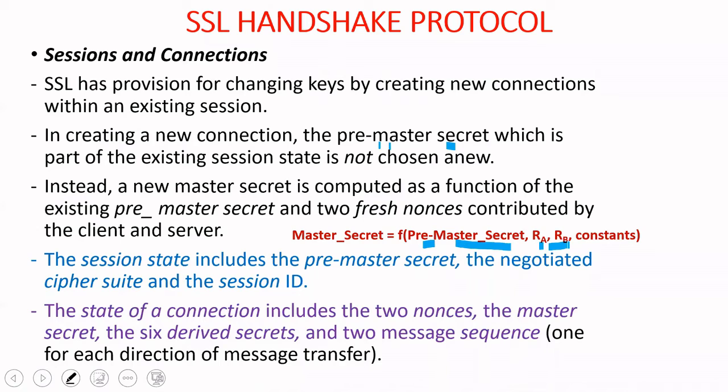The session ID remains the same, the pre-master secret remains the same. Only these nonces RA, RB will be changed. Since RA and RB are changed, the master secret will be changed, and since the master secret is changed, all the derived secrets will be changed. So you get a fresh connection with the same pre-master secret, but a new master secret and new derived secrets. They will be used for further communication.